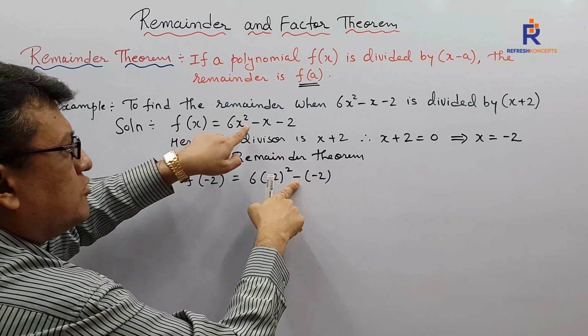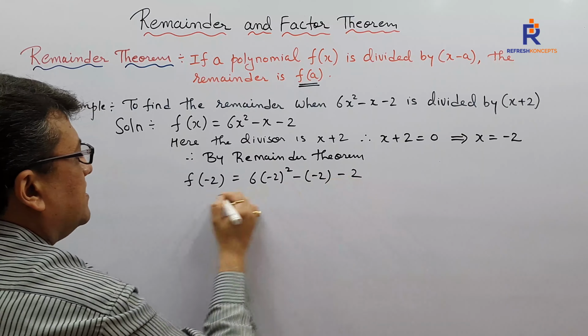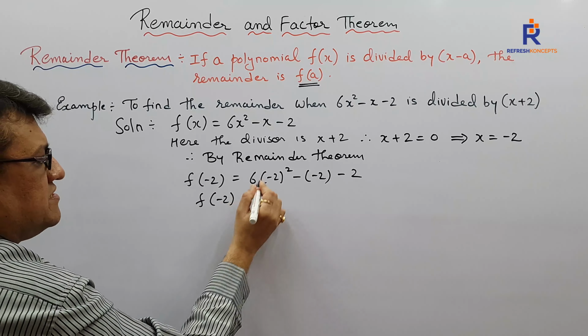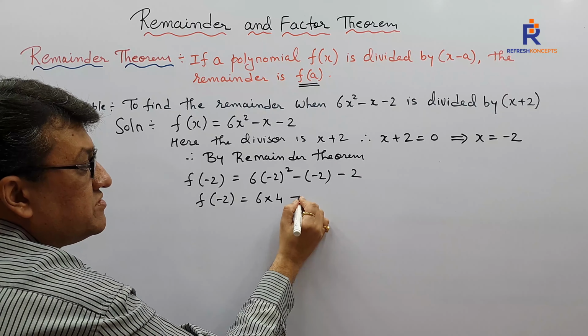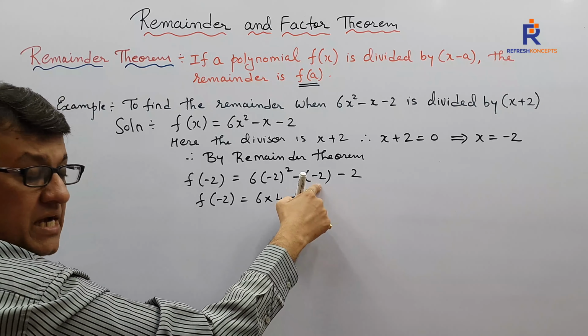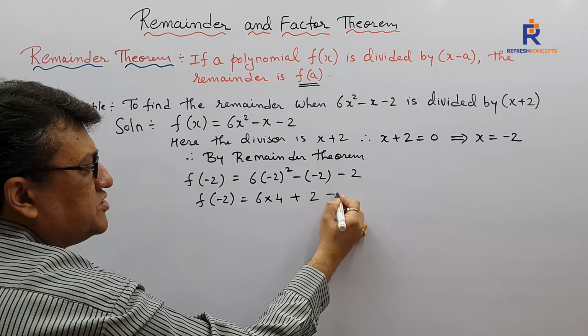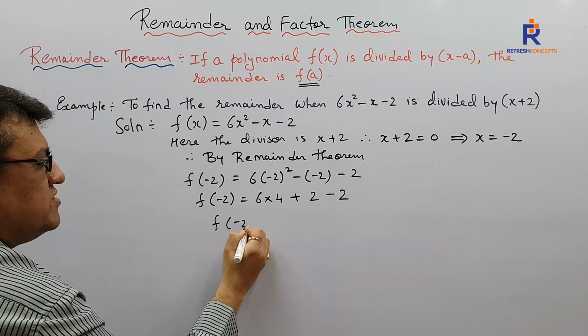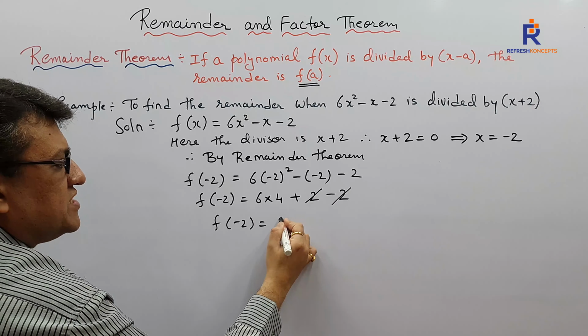This minus is there itself, and x is negative, minus 2. So f of minus 2 is 6 into minus 2 square, which is 4, plus minus of minus, plus 2, minus 2. The plus 2 and minus 2 cancel off. I'm left with 6 4s are 24.